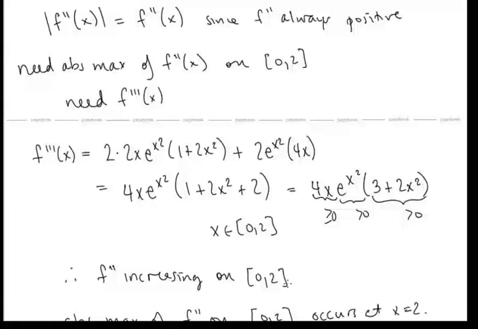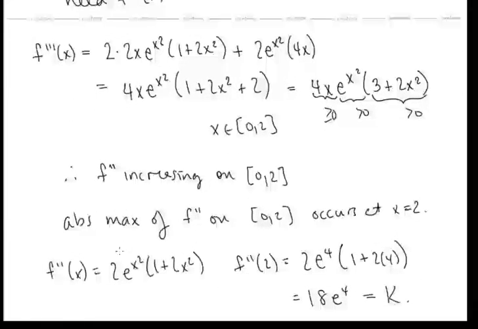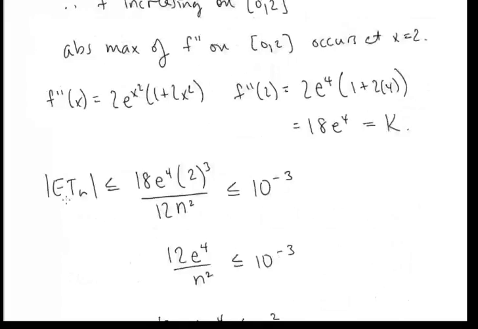That means its absolute maximum has to happen at the rightmost endpoint, at x equals 2. If it's an increasing function, the maximum value is going to occur at the rightmost endpoint. So let's take f double prime of 2, 18e to the 4th. That can serve as our k.